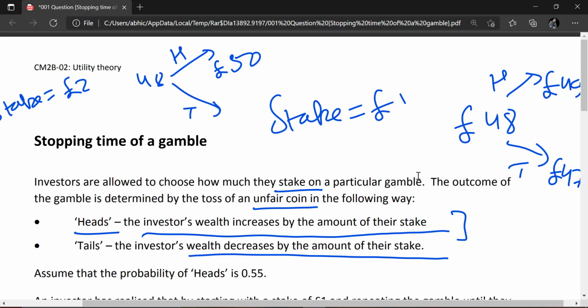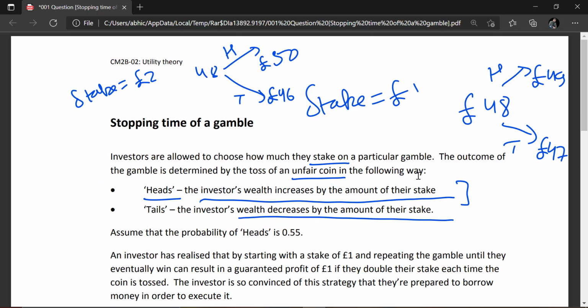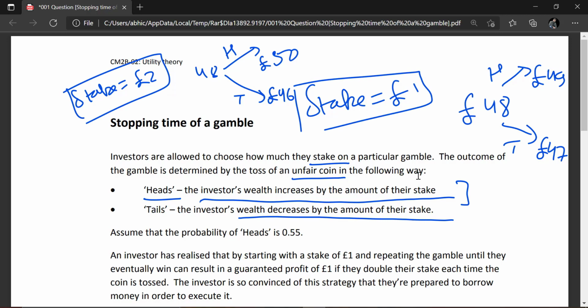And if it is a tails, that is if they lose, this will go to 46. So this is how it works, right? And the stake, whatever amount the investor puts at stake, is decided by the investor themselves, the amount that you want to bet.